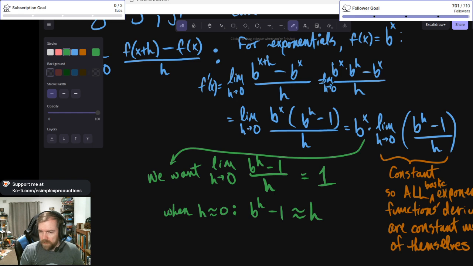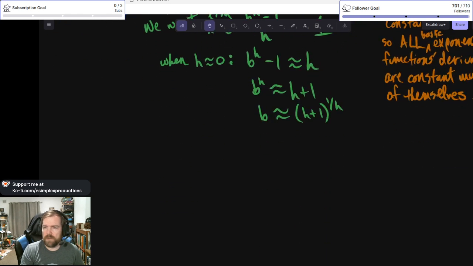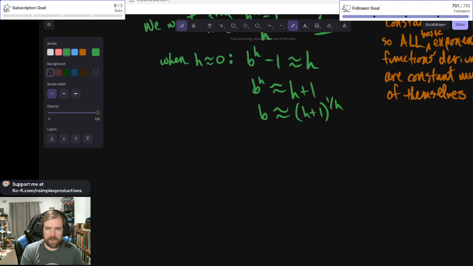Then b to the h is approximately h plus 1, and b is then therefore approximately, parentheses, h plus 1 raised to the 1 over h. And the more astute students will remember that this is something interesting.